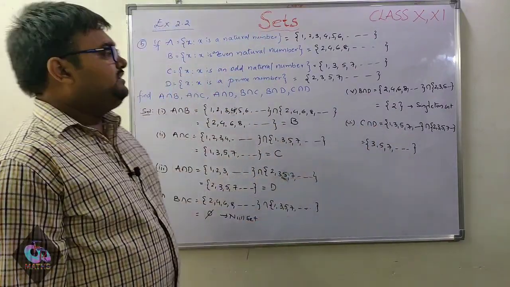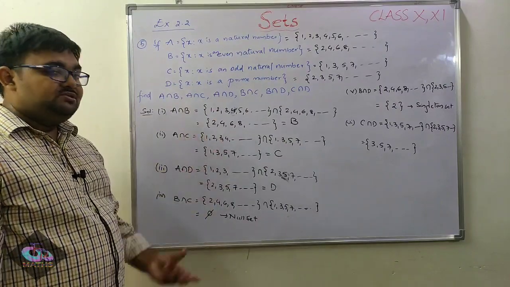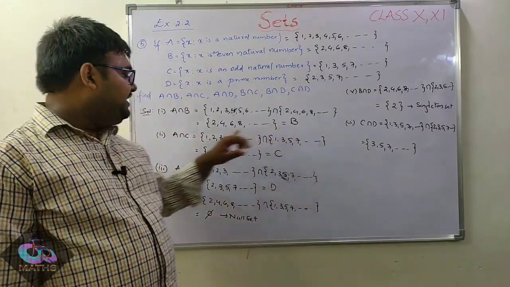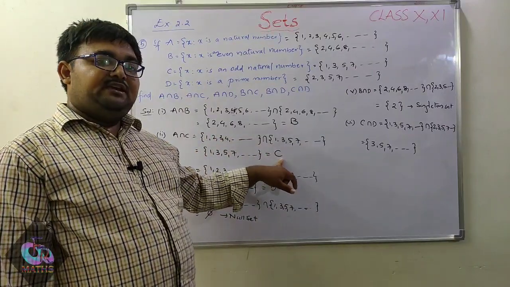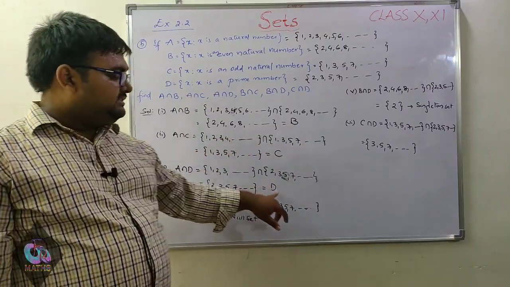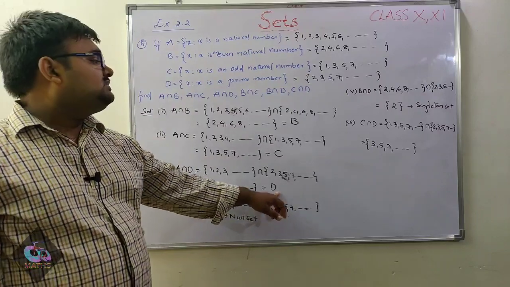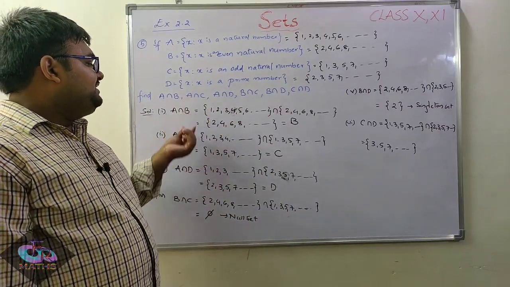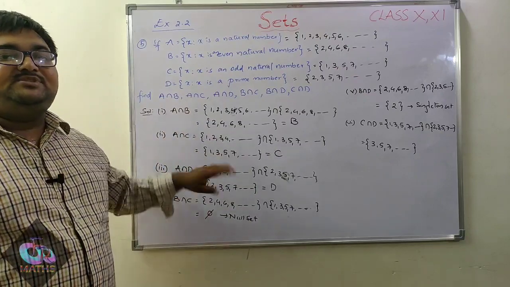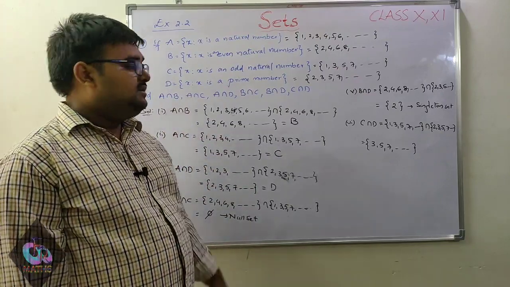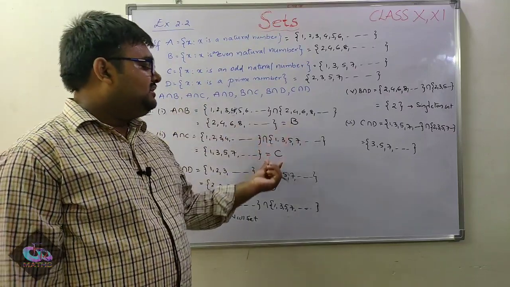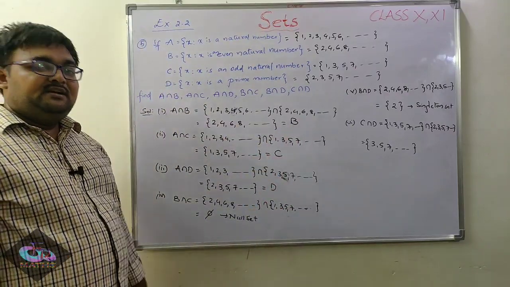So in this particular question, we are having different conditions. A intersection B directly gave B, A intersection C gave the set C, and A intersection D gave the set D, because set A is the set of natural numbers, whereas set B, set C and set D are subsets of the natural number set. So that's why when we considered intersection, we got these particular sets directly.